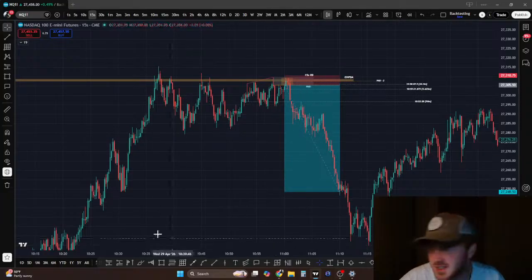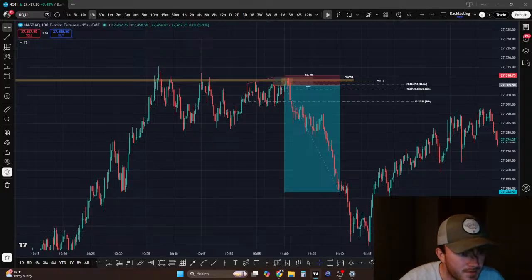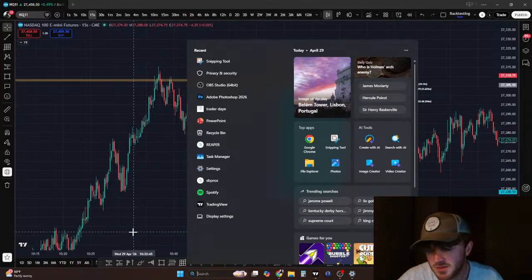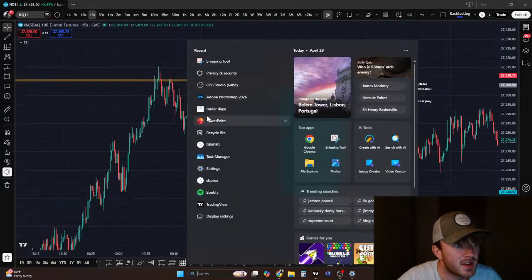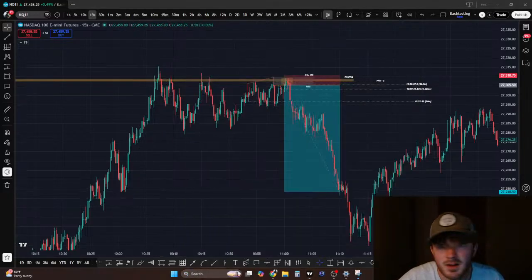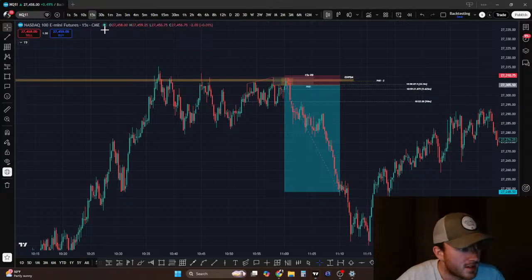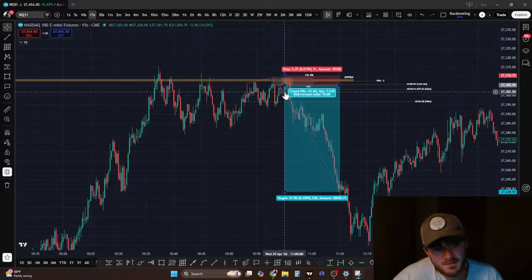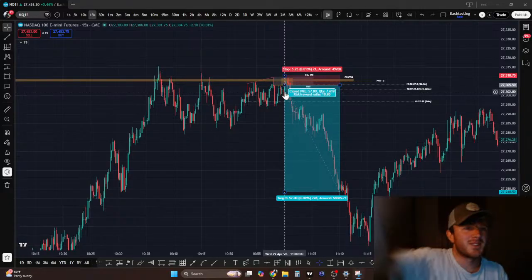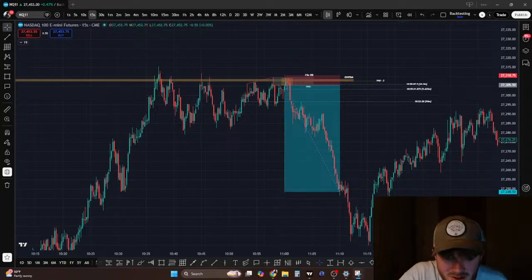Yeah, I stick to just NQ. But I look at ES and YM and all that stuff. But I'm not opposed to trading other things. It's just, I don't know, I keep it simple with the one asset. You could argue I'm not a very simple trader.